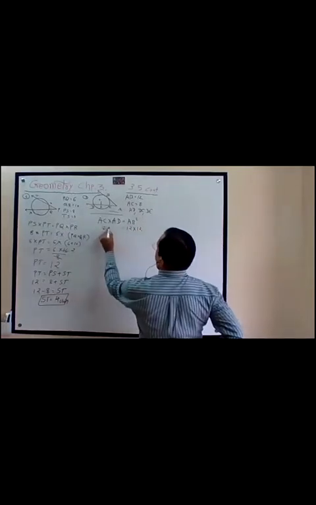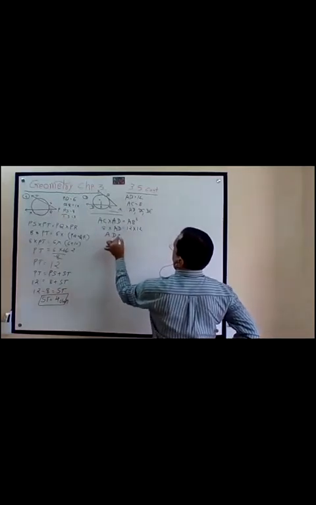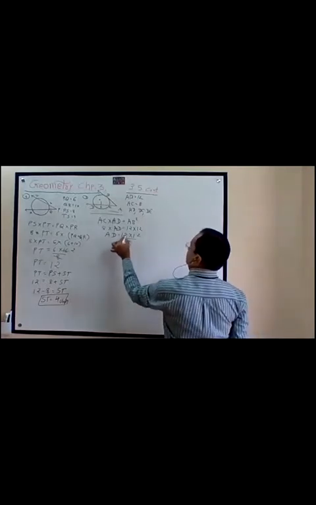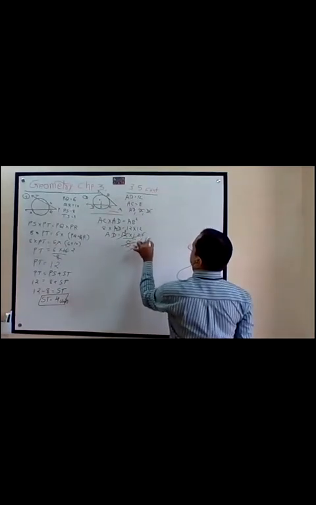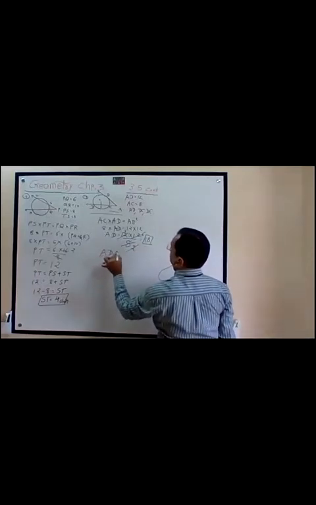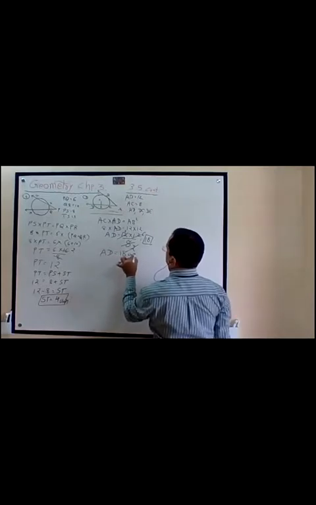AC given 8. AD question. AD, 12 into 12 divided by 8. 4 threes are 12, 4 twos are 8, so 6 threes are 18 units. So AD is equal to 18.